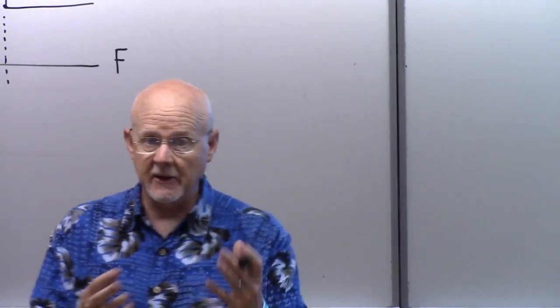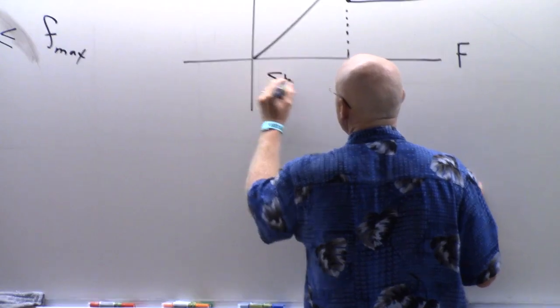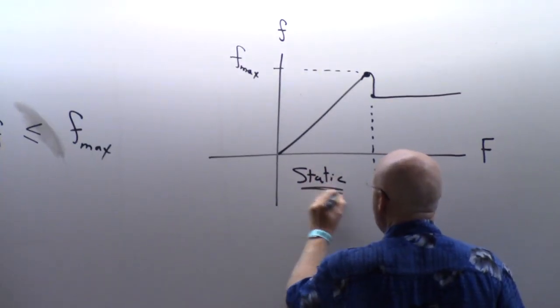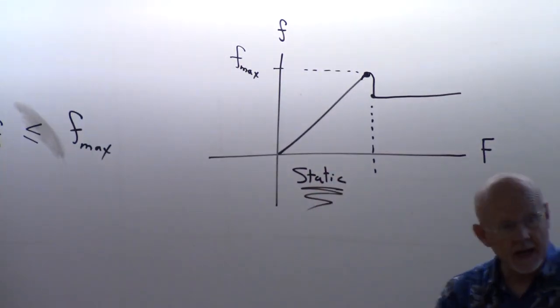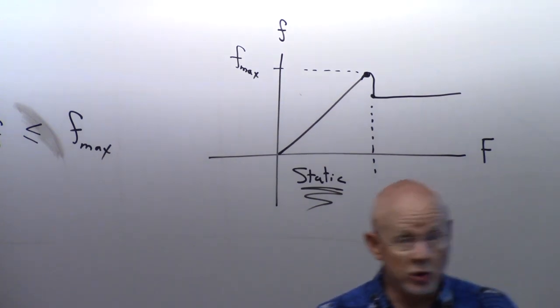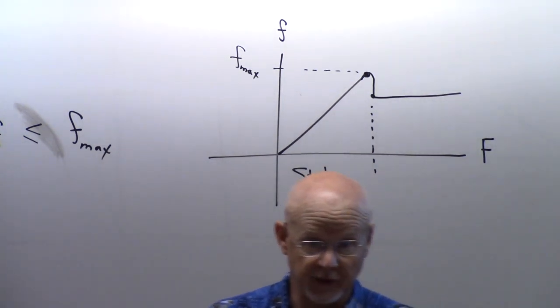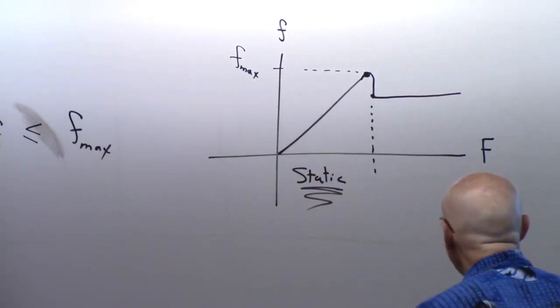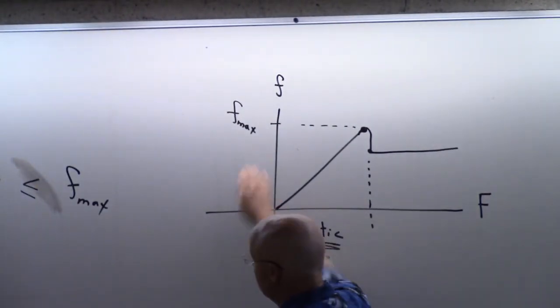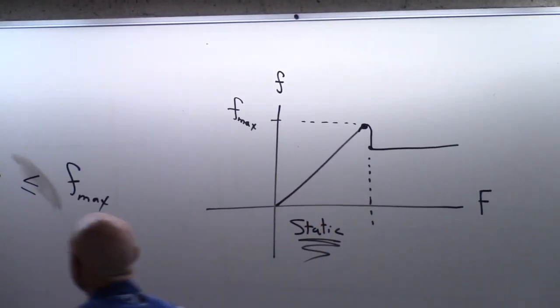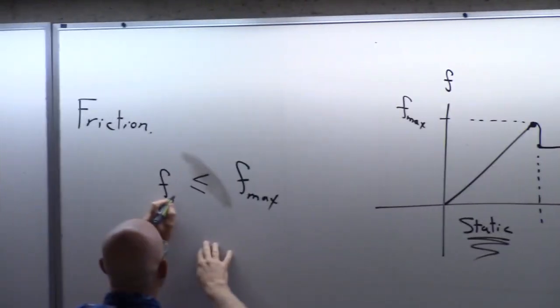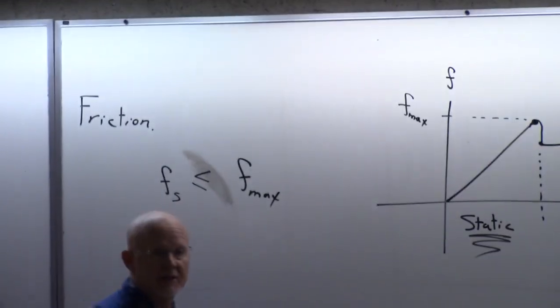And so it's because of this we divide the friction into two categories. We say that if there's no sliding going on, we'll call it static friction. Then there is some maximum value. So let me indicate by putting a sub S next to the friction.